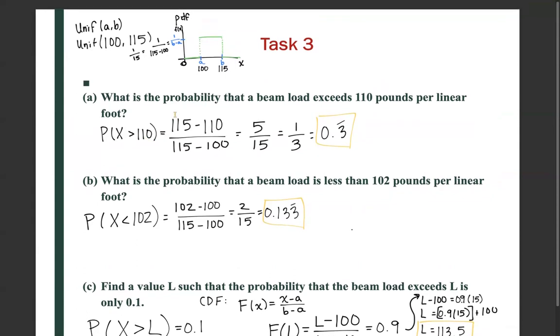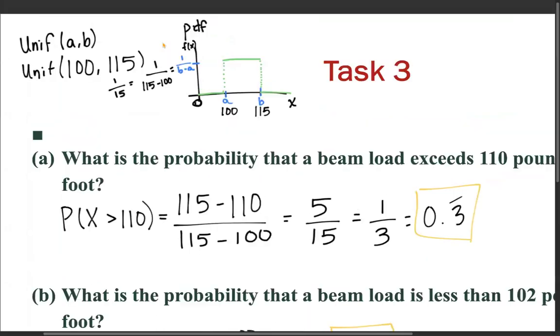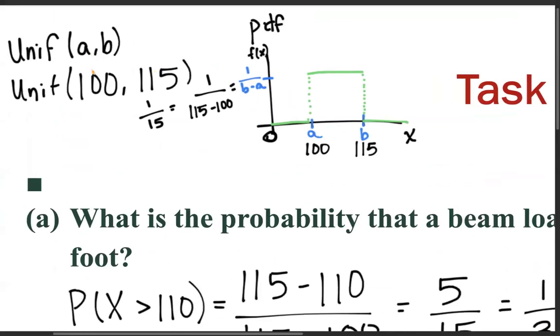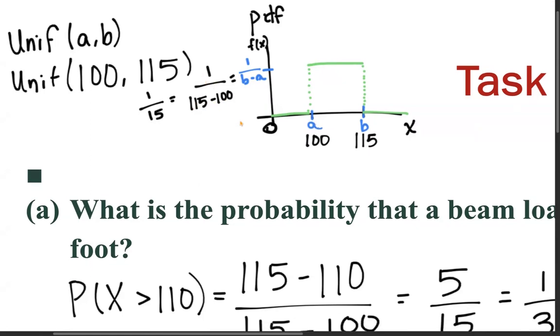Before I get into these, just to give you a recap, the PDF of a uniform distribution, if a uniform follows A, B, will look something like this, where the function from 100 to 115, or from A to B, is 1 over B minus A, or in this case, 1 over 115 minus 100.